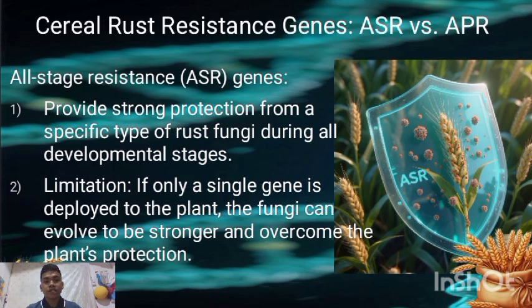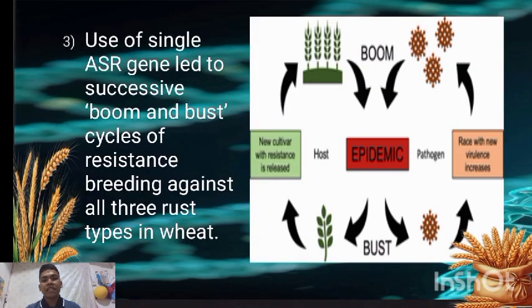So all-stage resistance, or ESR, targets a specific type of rust. If you are targeting a specific rust, it is possible that the other kinds of rust will not be resisted, because you are only focusing on that one. Using single ESR genes leads to successive boom and bust cycles of persistent breeding against all three rust types in wheat.